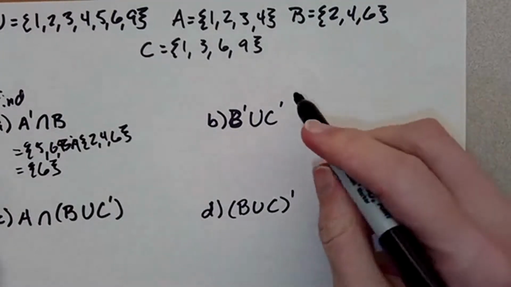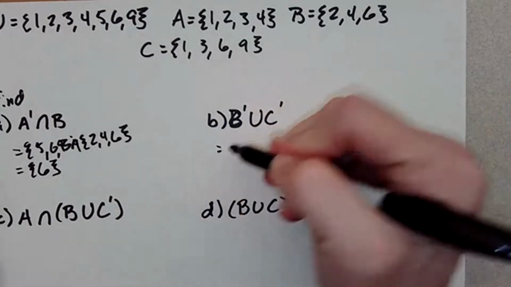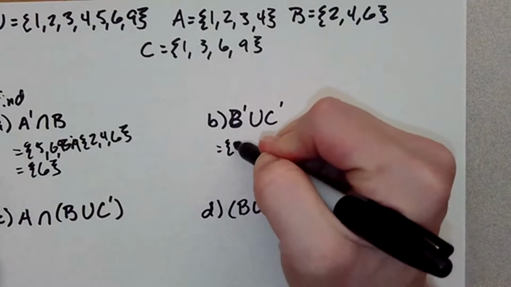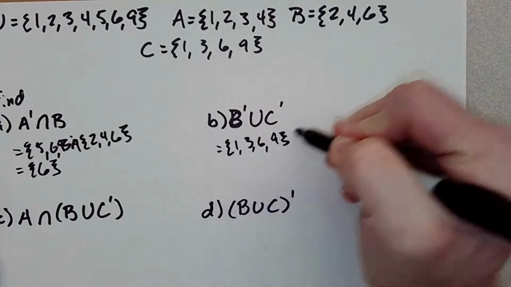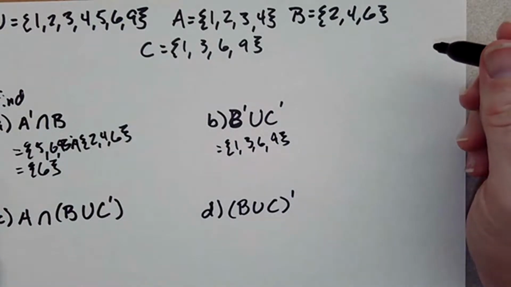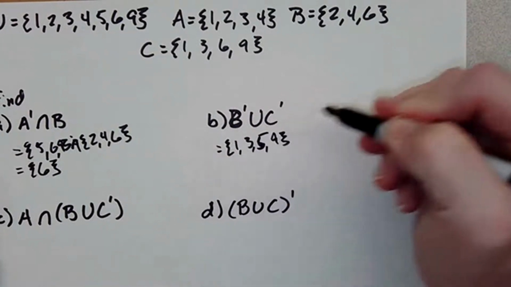Next, we're looking for the union of the complement of B and the complement of C. Well, the complement of B is everything that is not 2, 4, or 6. So that's 1, 3, 5, 9. Sorry, not 1369, 1359.